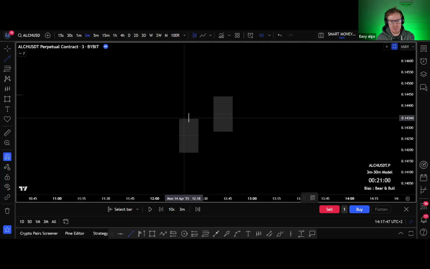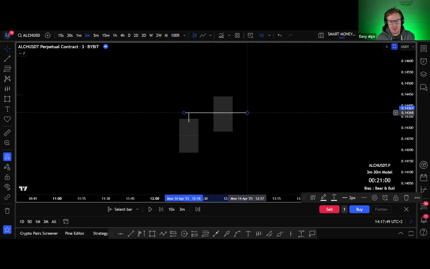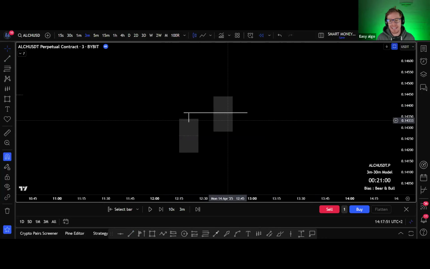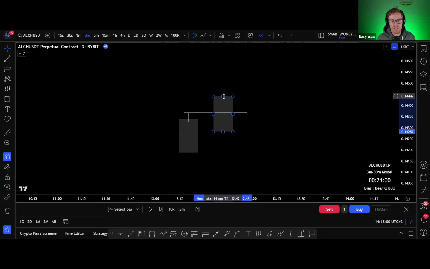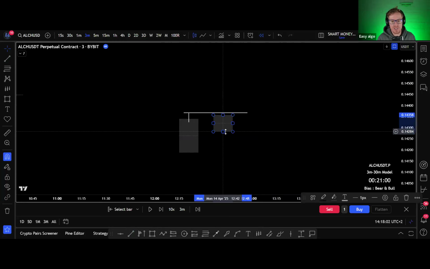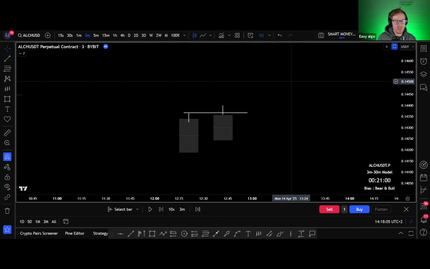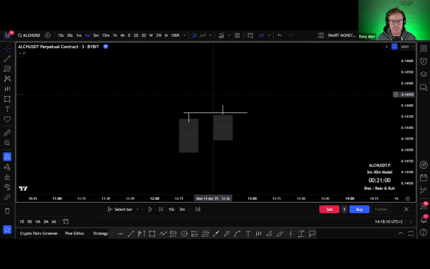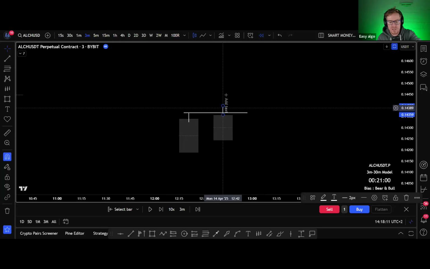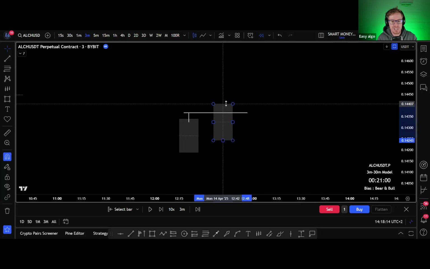So what it will do is create a sweep, because the system is detecting any candle that breaks above the previous high. What would usually happen, if I had to wait for a confirmation, is it would only confirm if this closed underneath that level. You see? So it would confirm only after the candle closed if I set the logic that way. But right now it's waiting to see what happens.